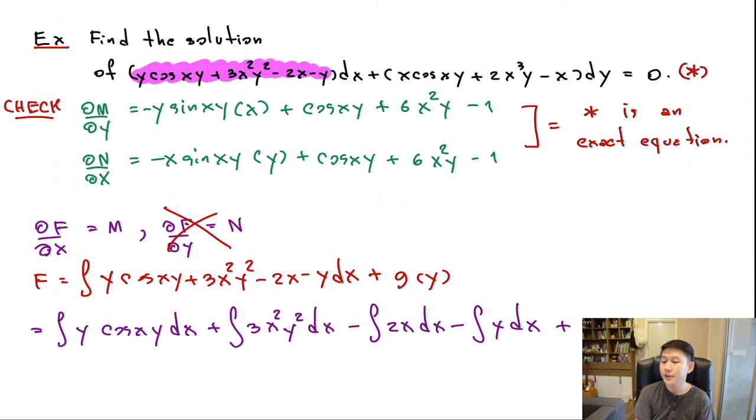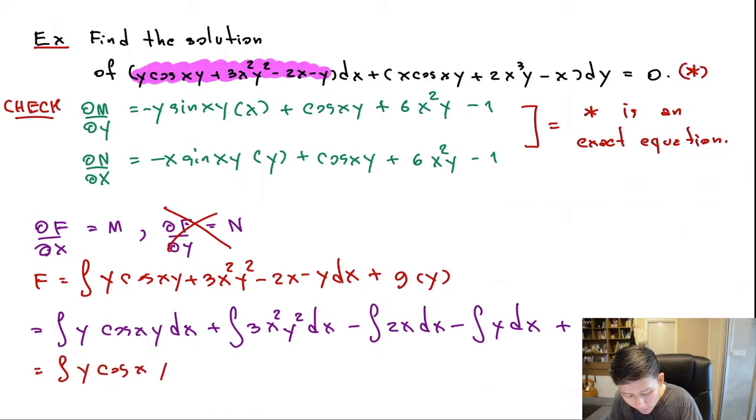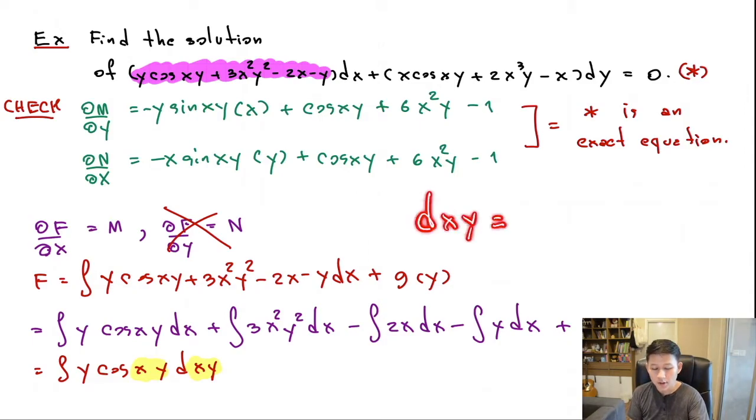Make sense? And then this integration is what? If we want to integrate this, we need to integrate by substitution, which is the integral of y cos xy dx, and then you look at xy as u, right? But guys, d(xy) is actually y dx. It's not x dy plus y dx, because in this case we look at y as a constant, okay? So we can pull it out.